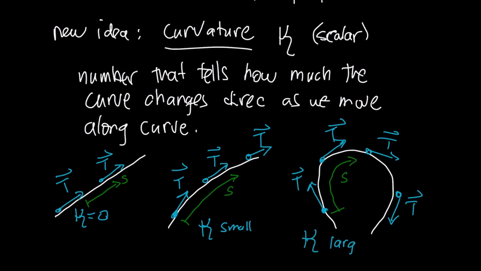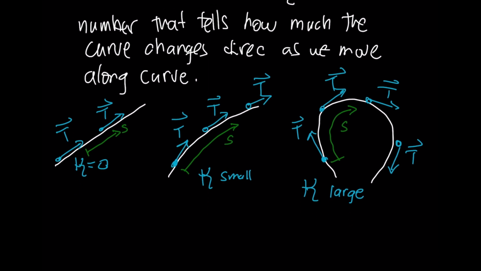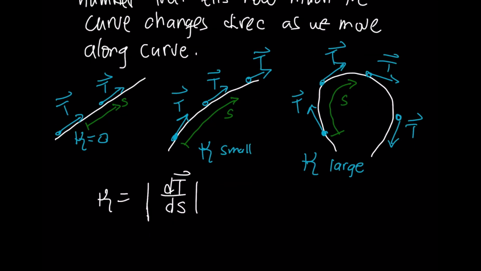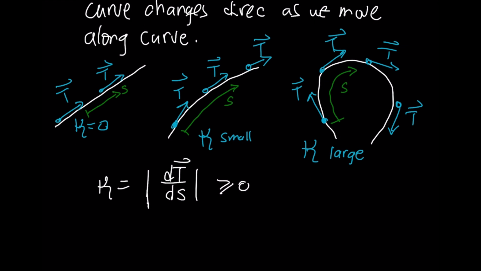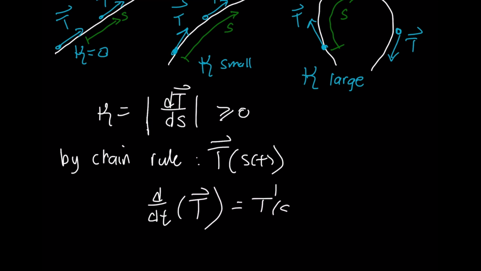So mathematically, we would define the curvature as the size of the rate of change of the unit tangent vector with respect to arc length along the curve. It's always a number that's greater than or equal to 0. By the chain rule, if I'm given a unit tangent vector that has this arc length parameterization, if I wanted to take the derivative of it, I would have T prime of s vector times s prime of t, which is just a scalar.